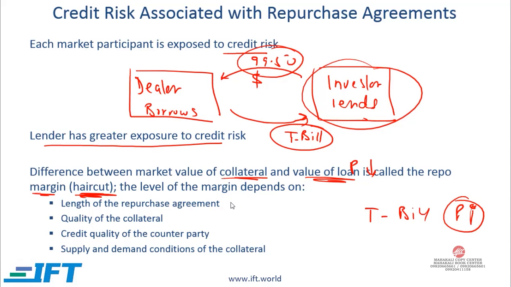The higher the quality of the collateral, the lower the repo margin. The higher the creditworthiness of the counterparty, the lower the repo margin. And repo margins are lower if the collateral is in short supply relative to demand.